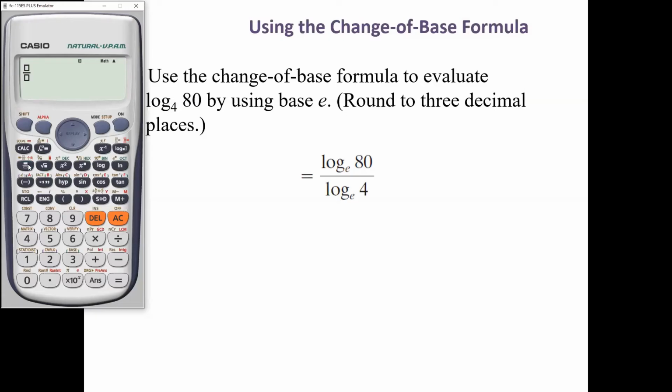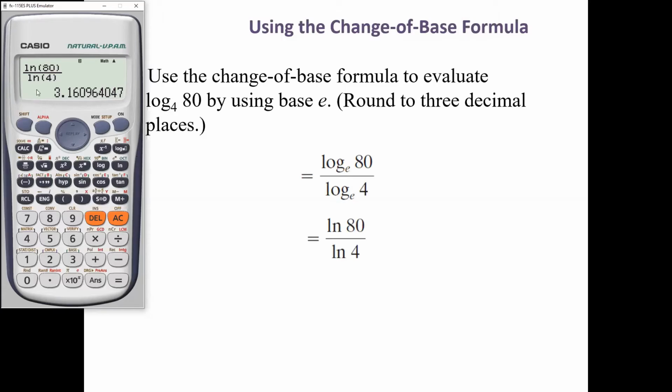We could use the fraction key, put in natural log 80, close the parentheses, go down, natural log of 4, close the parentheses, get out, equals.